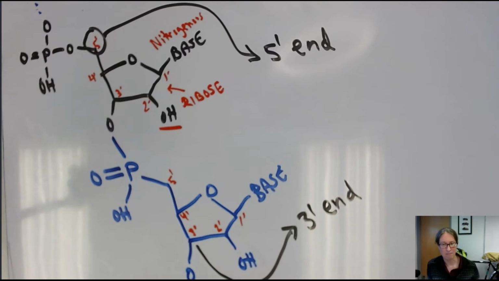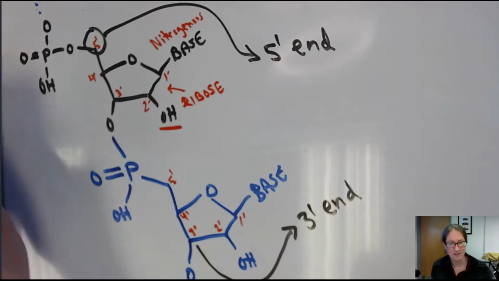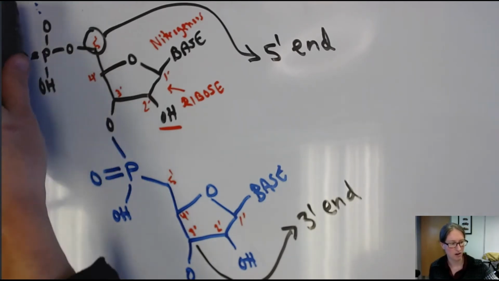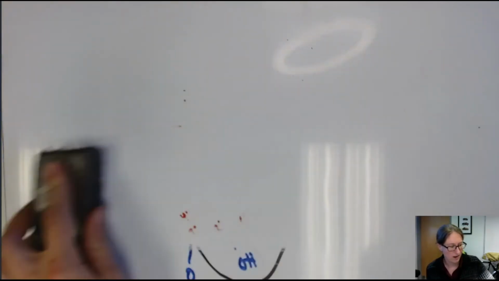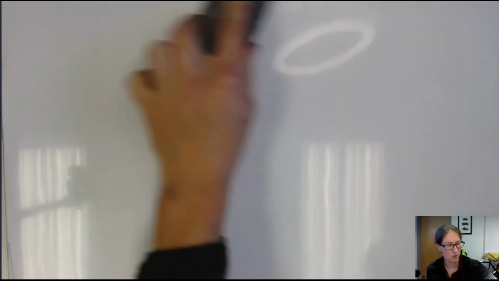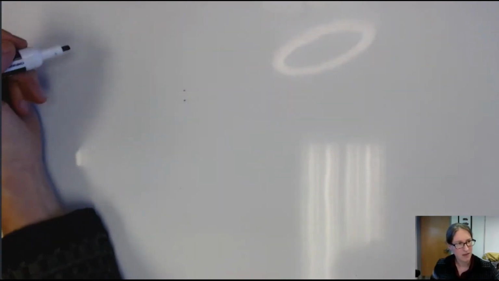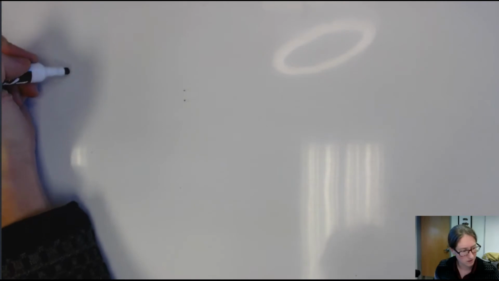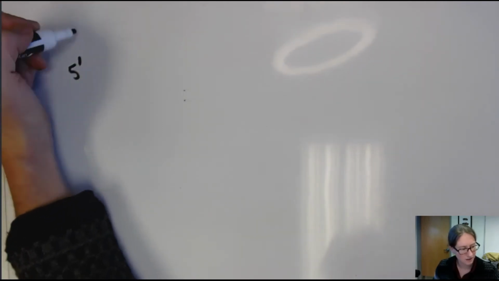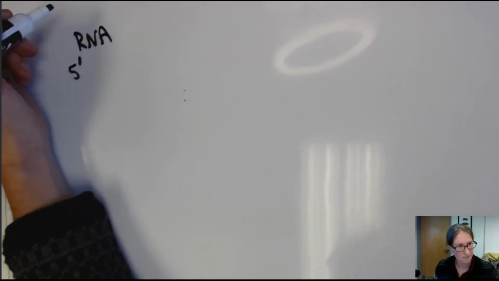And we can keep building one of these chains of nucleic acids and make it longer and longer. And that's actually basically where the story stops for RNA. So if we wanted to write out a molecule of RNA, one of the shorthand methods that's used to do that is we'll start over here with the 5' end. And so in this case, it's going to be RNA.